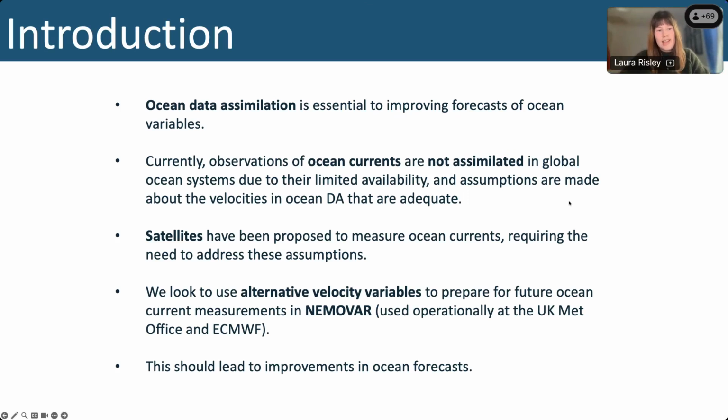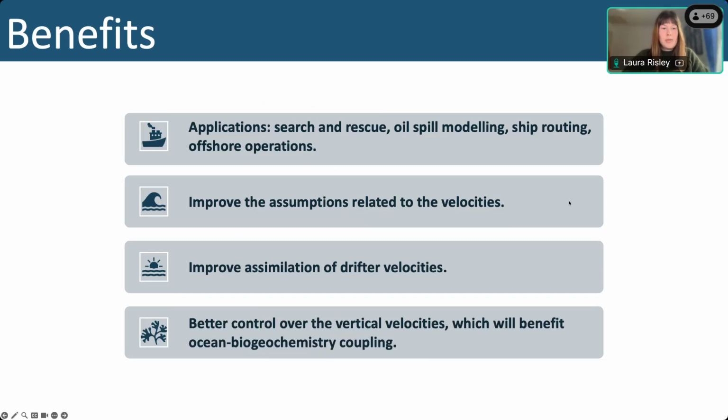Our hope is that these alternative velocity variables should lead to improvements in ocean forecasts. Some of the benefits of these alternative variables are, firstly, improved estimates of surface currents would be useful for various applications such as search and rescue, oil spill modeling, ship routing, and offshore operations.